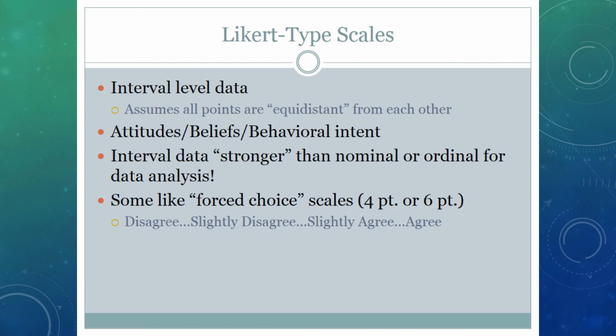There are a lot of people out there that like forced choice because it's saying you've got to take a stand one way or the other on whatever the topic is. I personally use a midpoint, which would be neither agree nor disagree, because I think that's often the case, that we don't have any big strong opinion one way or the other on something.